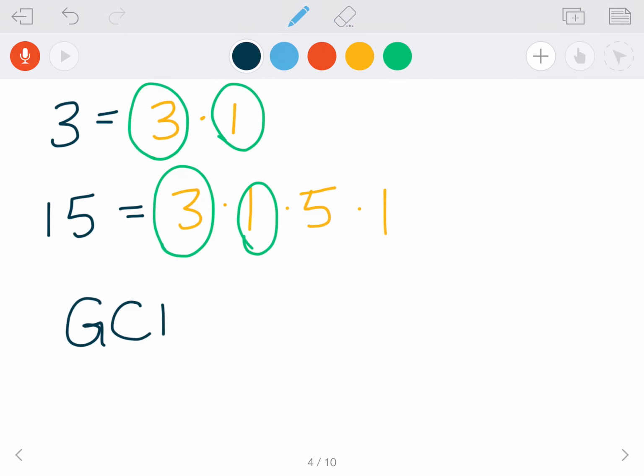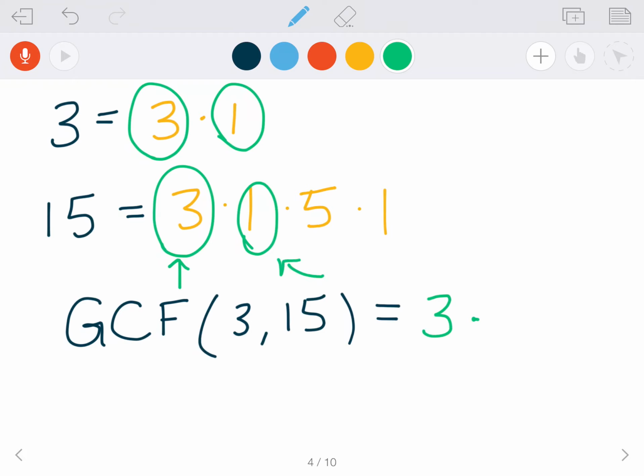So the GCF of 3 and 15, and this is the notation, is going to equal the product of those two numbers. Now in this group here, the number that was in common was 3. You don't write it twice. It's a pair of numbers, and the number that is in common within that pair is 3. And then you multiply that by anything else in common.